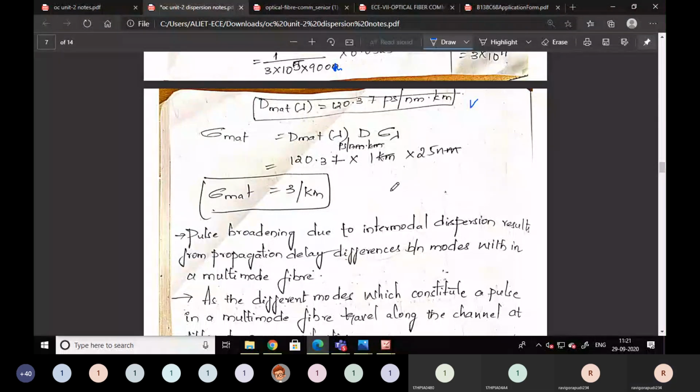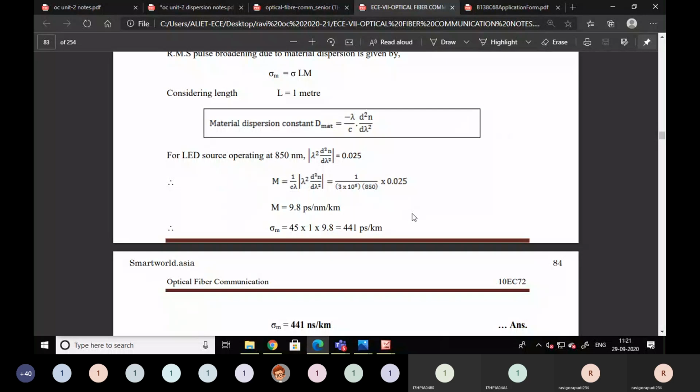Simplify this. Already here we have picoseconds per nanometer kilometer, so nanometer and kilometer get cancelled, and you'll get picoseconds per kilometer.